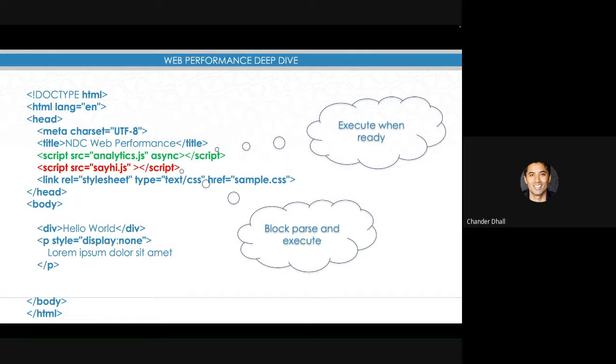However, the red one does not have async, so it's not downloading asynchronously, so it's going to block everything. The benefit of the green one is it executes when it's ready, whereas the red one will block, then parse, and then execute. So that's why it's slower, and it's going to block you. And blocking is probably not the best thing for you, unless it's critical JavaScript.